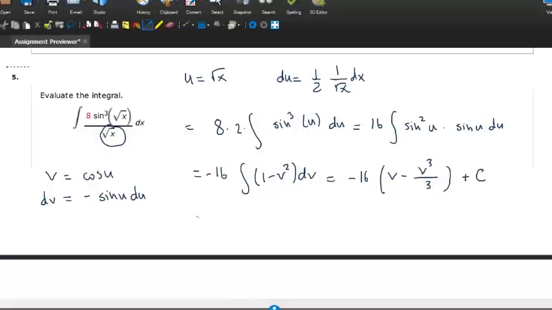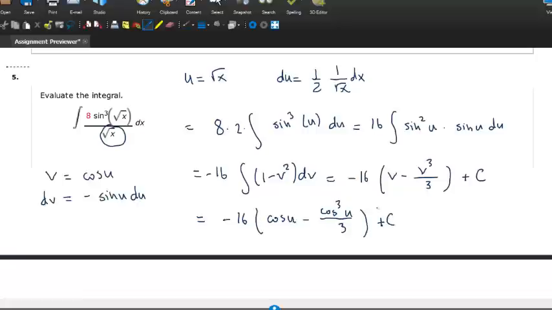Now I have to go back and replace everything. First I will start with the second substitution and replace v. So I get negative 16, v is replaced by cosine u, minus v cubed is cosine cube u divided by 3 plus c.